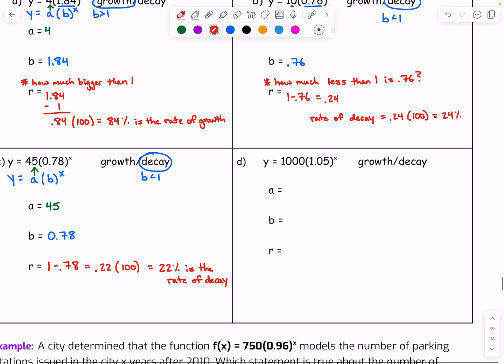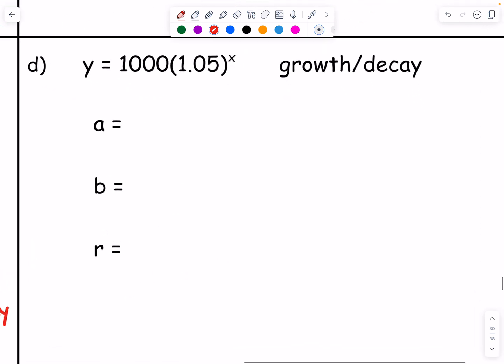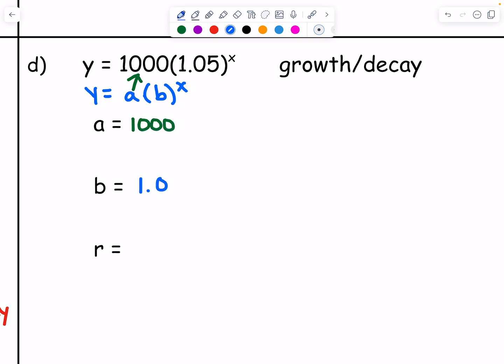Now let's just look at one more good example. So in part D, we have y equals a times b to the x. That's our exponential form. So a is our initial value of 1,000. B is the 1.05, which is larger than 1. So that is growth. And then the rate is how much larger than 1 that is.